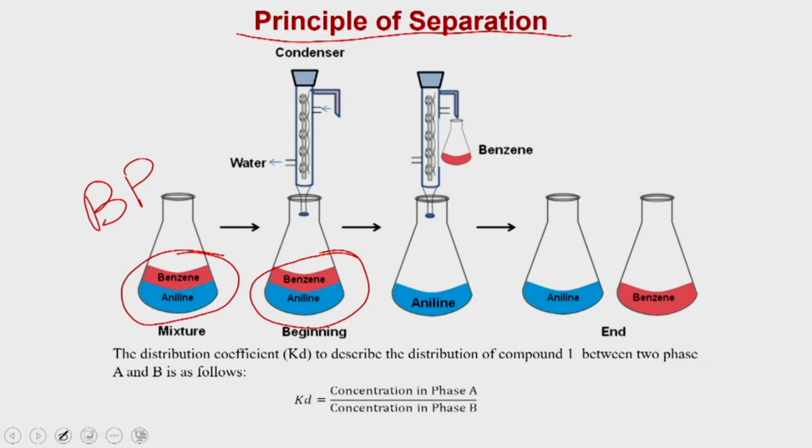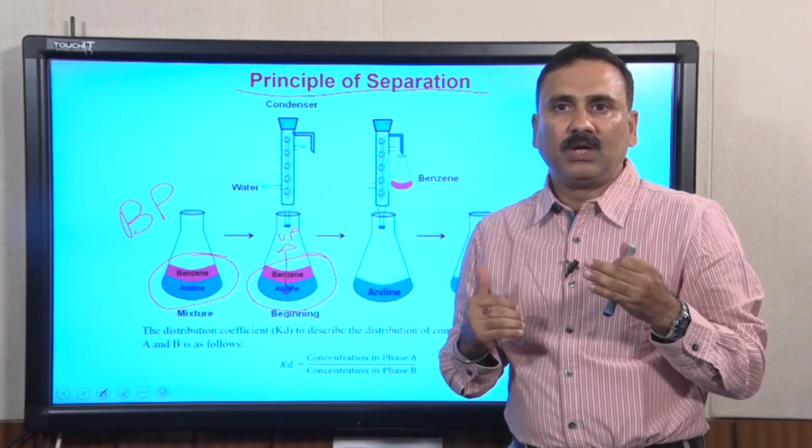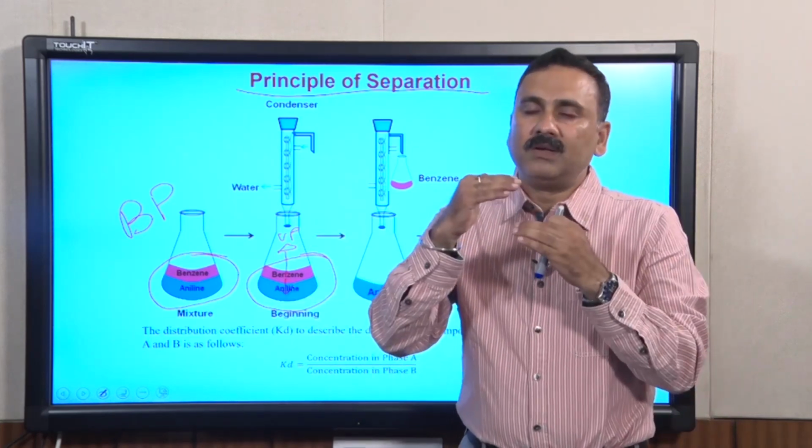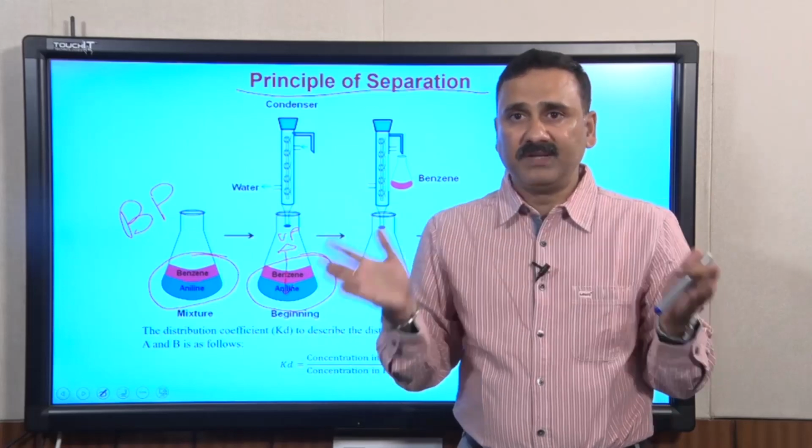So, the mixture is going to be fractionated into two phases, one called the vapor phase, the other called the liquid phase. Both molecules, the benzene as well as the aniline, are going to distribute themselves into the two phases.